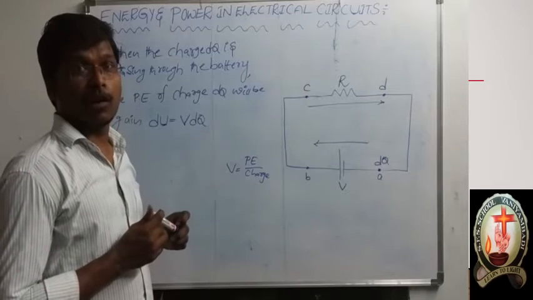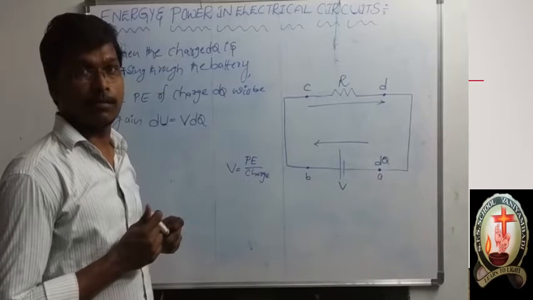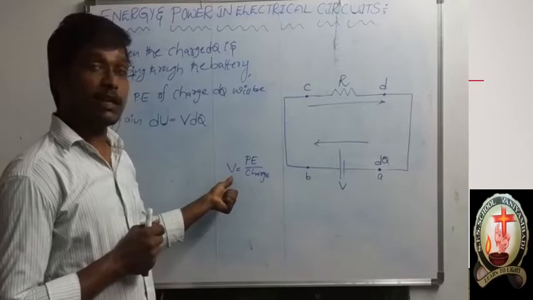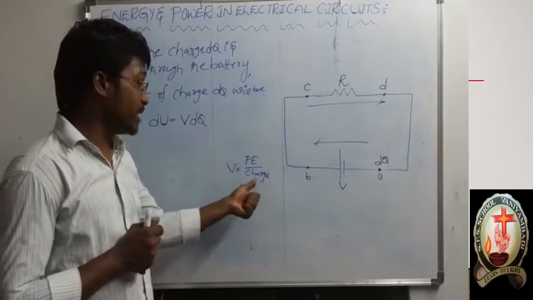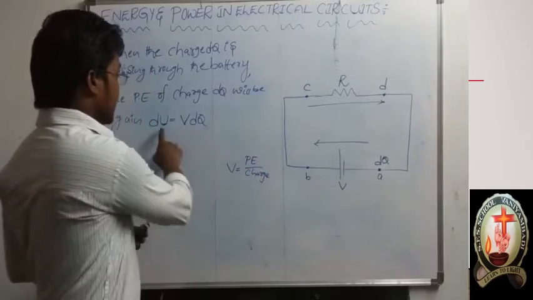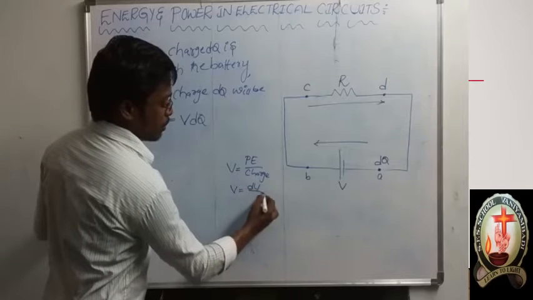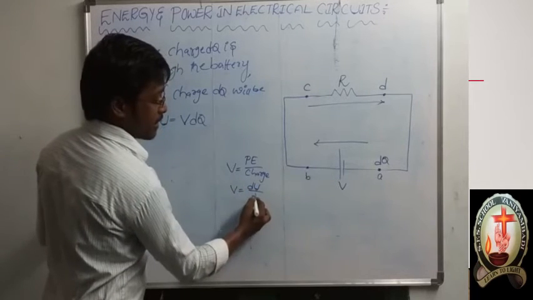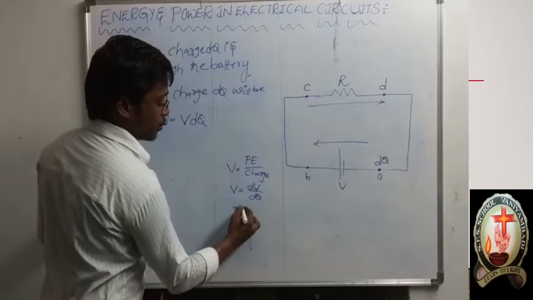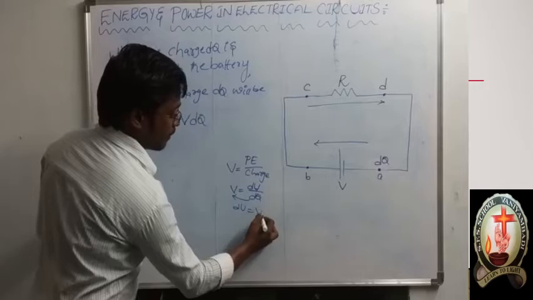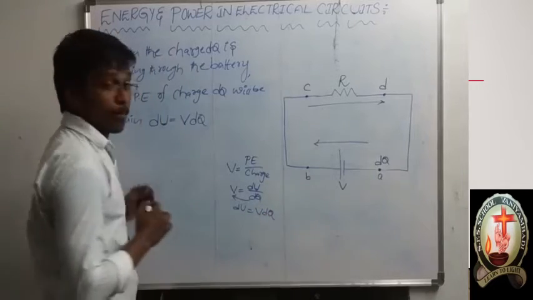Electrostatic potential of a point charge, I told this one. Electrostatic potential is equal to potential energy by charge. Here, what is the potential energy? dU. V is equal to dU by dq. Here, what is the charge? dq. So dU is equal to V into dq.